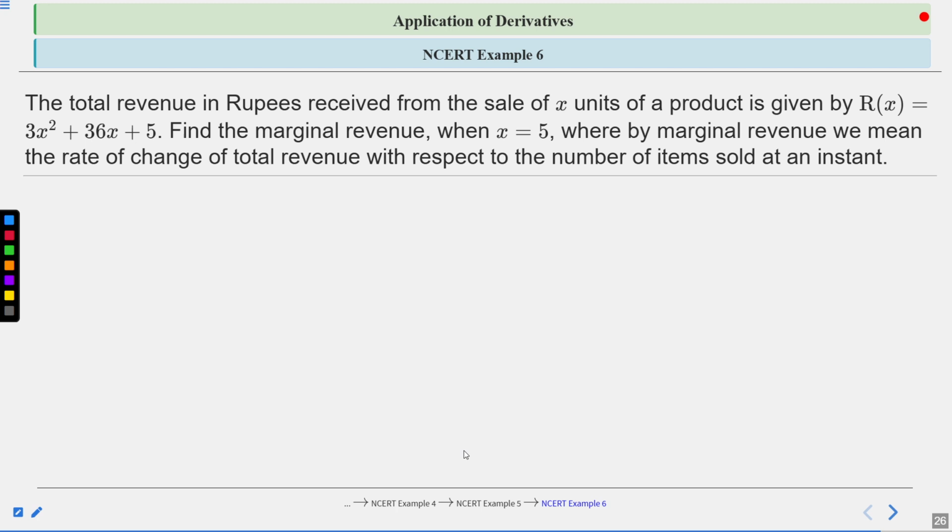So we need to find the marginal revenue when x is equal to 5. Total revenue is given as R(x) = 3x² + 36x + 5, and the marginal revenue is the rate of change of total revenue with respect to the number of items sold at an instant.